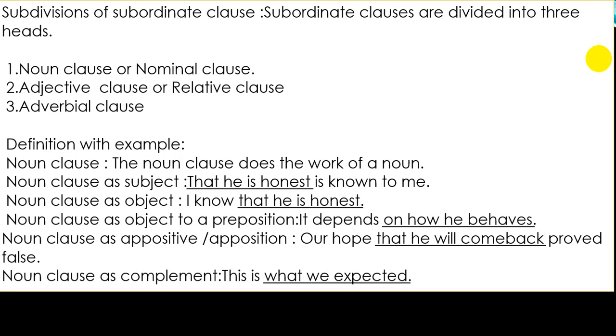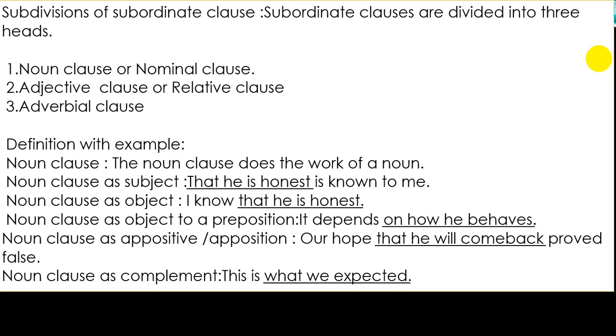Noun clause as object to a preposition. It depends on how he behaves. On how he behaves is a noun clause. It works as an object to a preposition. Noun clause as appositive or apposition.